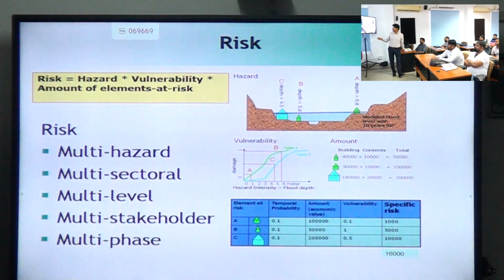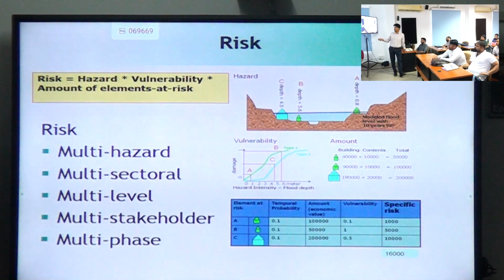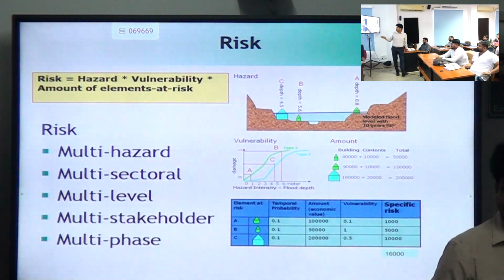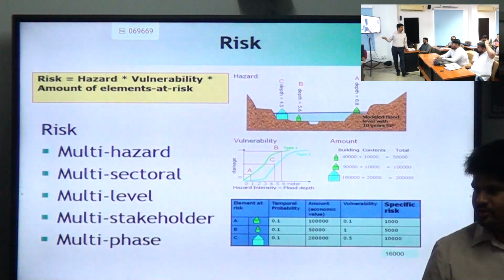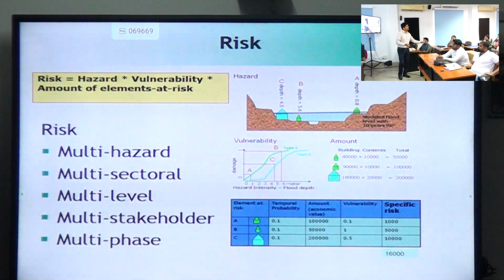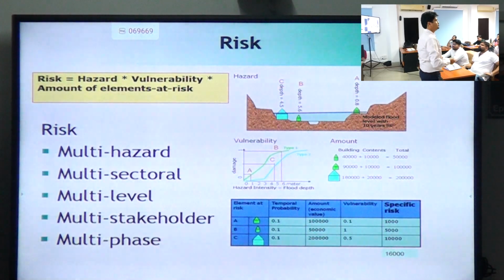So in this case, A is given 0.1, because obviously the cost is not that high, and you can see that it is not submerged too much. Only one level is submerged here, the ground level. That's why it has been given 0.1. B, finished, totally gone. And I said it has to be between 0 and 1. So here it is given 1, totally damaged.